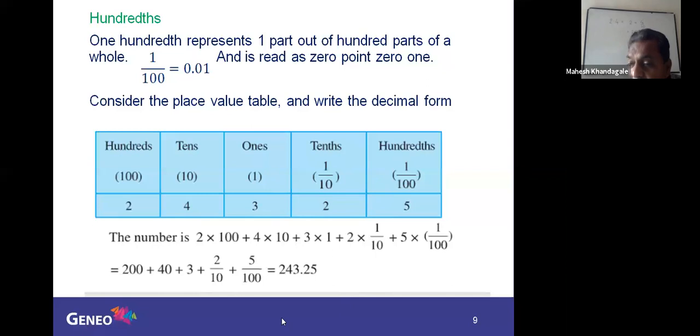Such 5 parts are there. So that is 5 into 1 by 100. Correct? Which can be written in simplified form as 200 plus 40 plus 3 plus 2 by 10 plus 5 by 100. So after the ones, we put a decimal. So you will write it as 243 point. Which is the tenths digit? 2. The hundredths digit is 5, and so on. So we can write this number as 243.25. Okay.